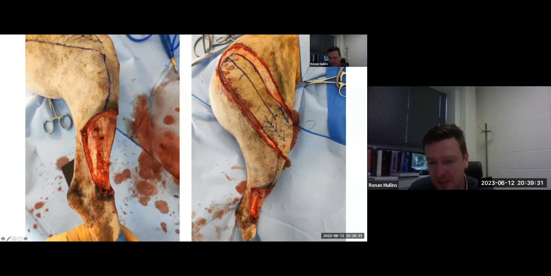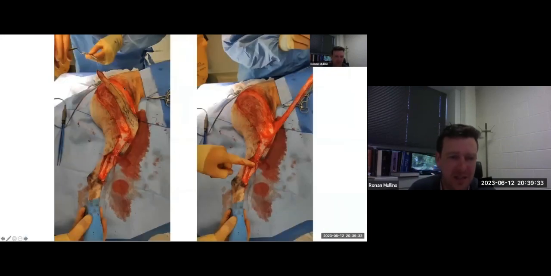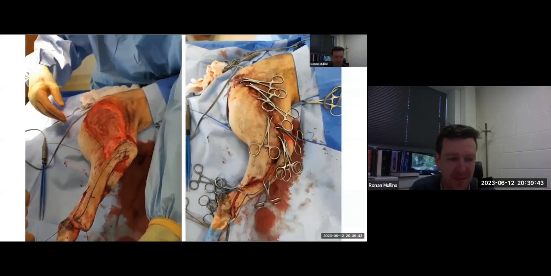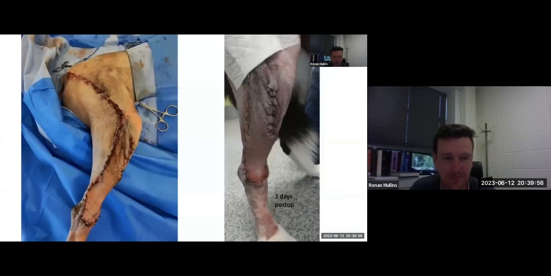We make our bridging incision, and I like to use either stay sutures or towel clamps to rotate that flap into position. Once we have the flap rotated, I usually apply towel clamps and make sure we can close the donor site, and then start a progressive closure in 2 to 3 layers. So this was the immediate post-op.